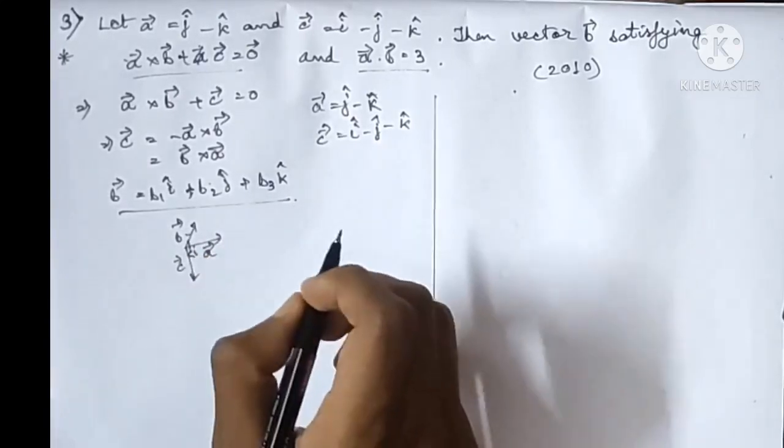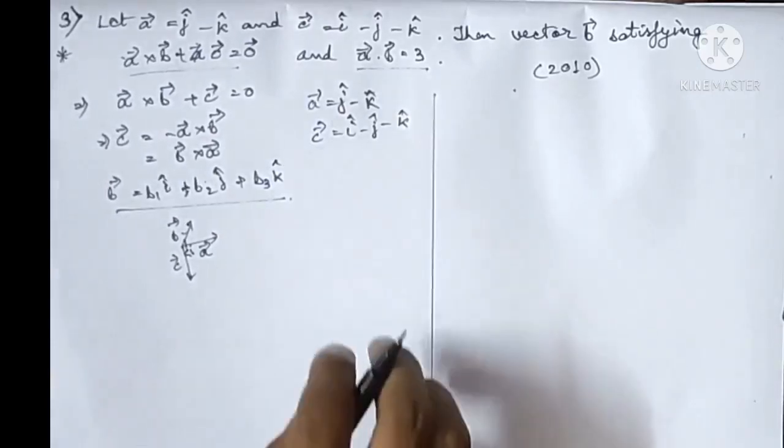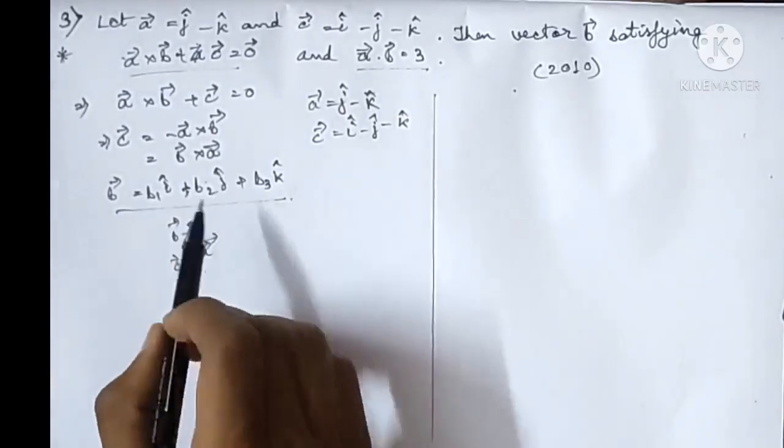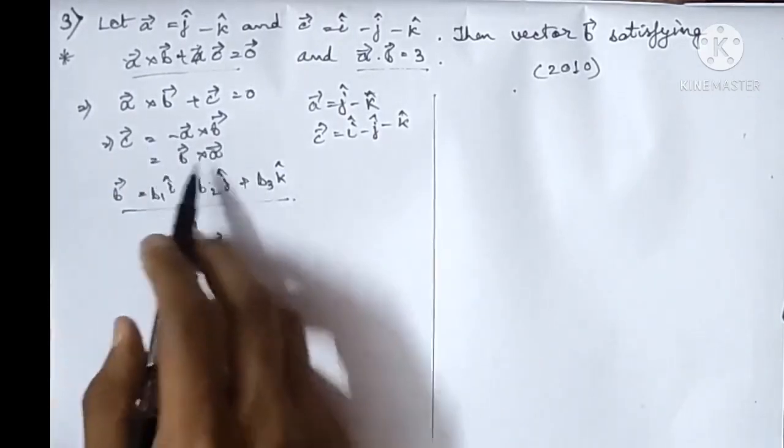By right hand thumb rule, as I have shown you before, or you may know it from physics also. Okay, so C is perpendicular to A and B, right?